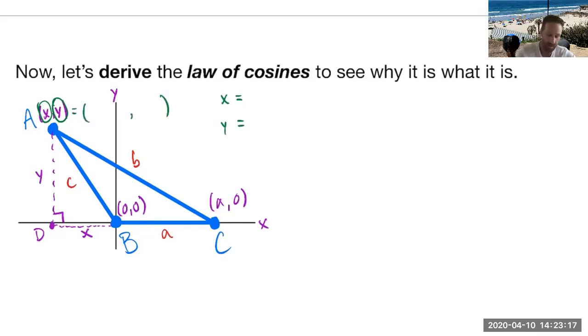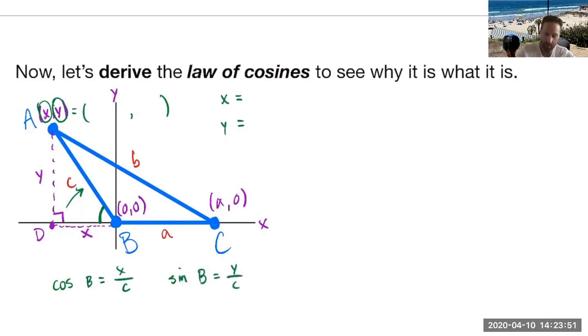In order to do that, I'm going to utilize this angle B here that we formed in this right triangle. If you remember, if you were to take the cosine of that angle B, then I would have the adjacent, which is x, over the hypotenuse, which would be the length C. And if I took the sine of angle B, then I would have the opposite over the hypotenuse.